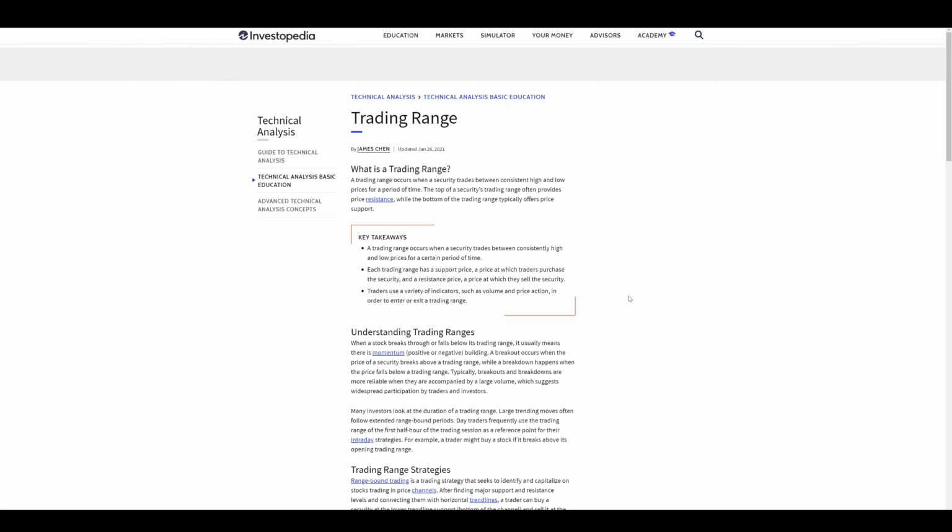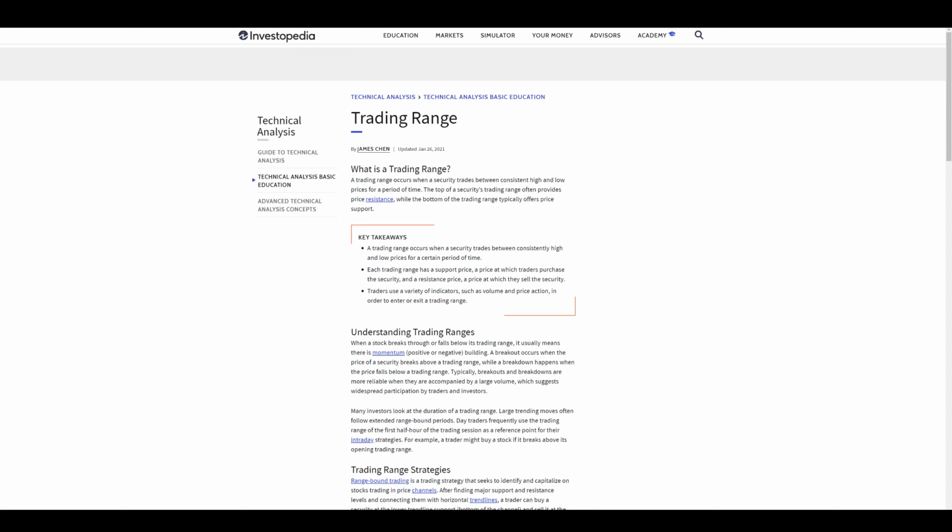What is a trading range? Investopedia says a trading range occurs when a security trades between consistent high and low prices for a period of time. The top of a securities trading range often provides price resistance, while the bottom of the trading range typically offers price support.